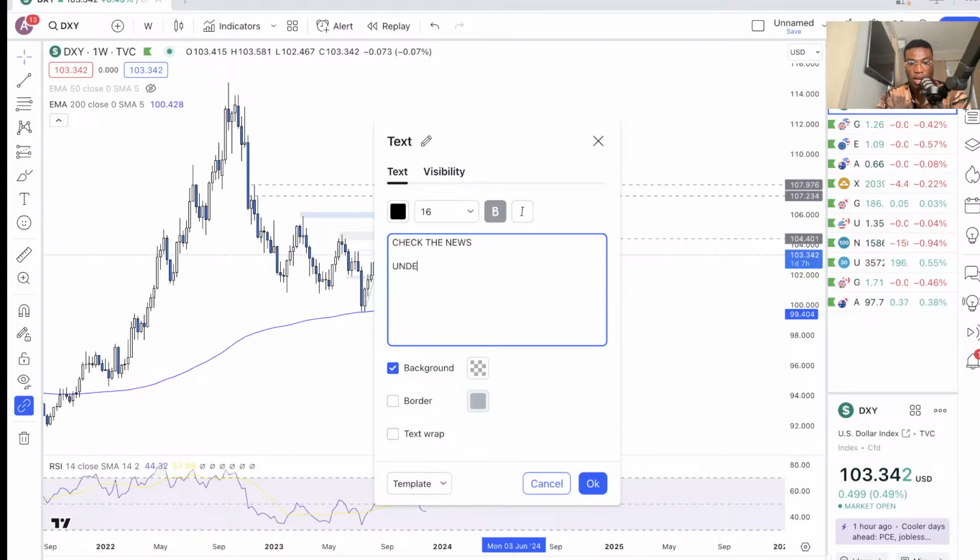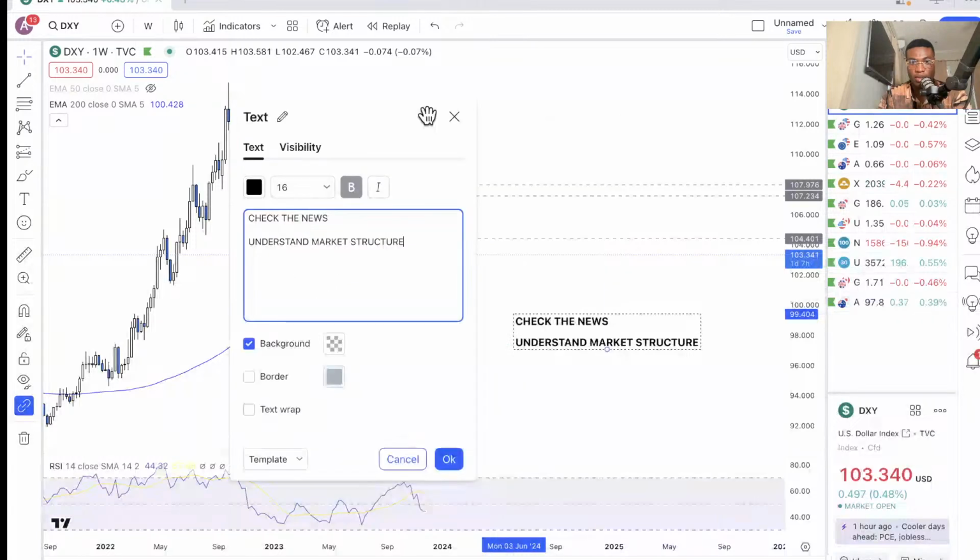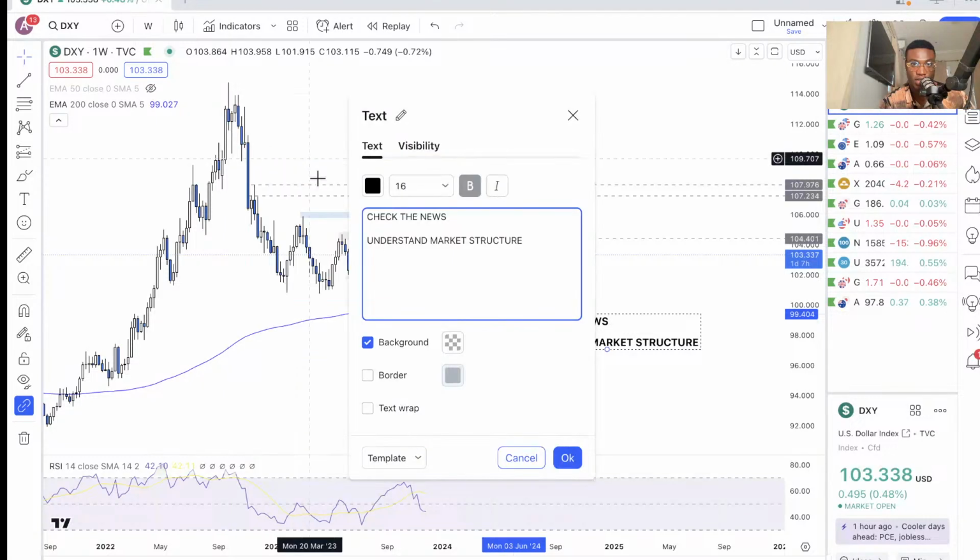And then you want to understand market structure, right? I think I'm going to put this one on this side so you guys can see clearly. So you want to understand market structure, and by understanding market structure, you want to look at identifying patterns on the candlestick chart. This is a candlestick chart that we're going to be using for this analysis.